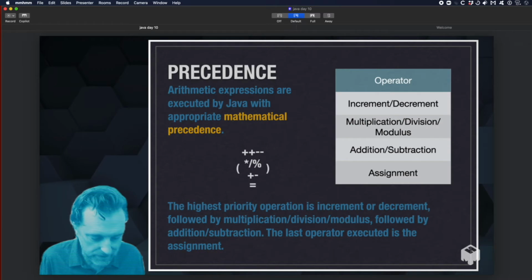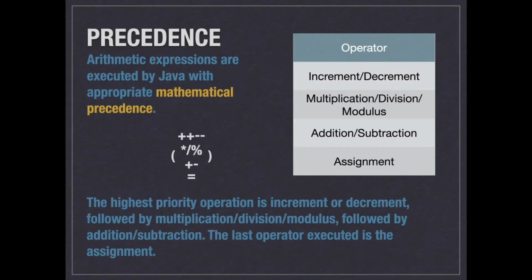All right, precedence. Obviously Java follows mathematic precedence just like any other programming language or spreadsheet or even probably your calculator. So increment and decrement operations are done first, followed by multiplication, modulus, and division, followed by addition and subtraction, and then at the last, assignment.